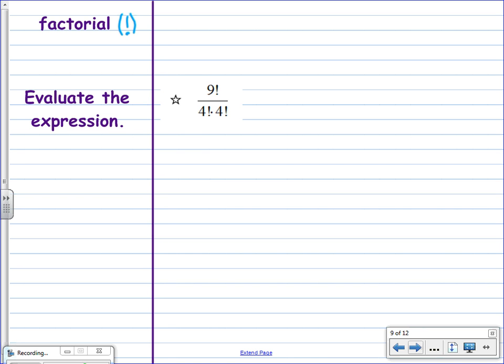The definition of factorial, what it means, is to multiply a series of descending natural numbers. Okay, that's the definition of factorial.